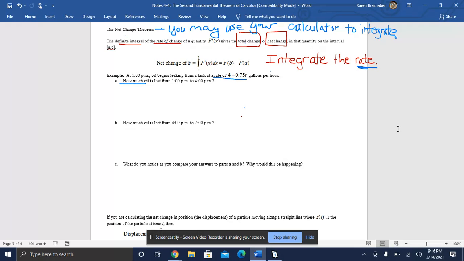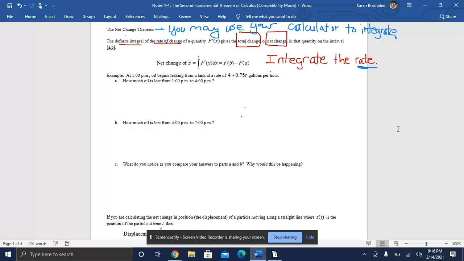So I'm going to integrate the rate to do this calculation. And hopefully that should make sense to you, that when you integrate velocity, it goes back to position. So when you integrate a rate of change, it would go back to an accumulation of an amount. So again, it's nothing more than the fundamental theorem of calculus.